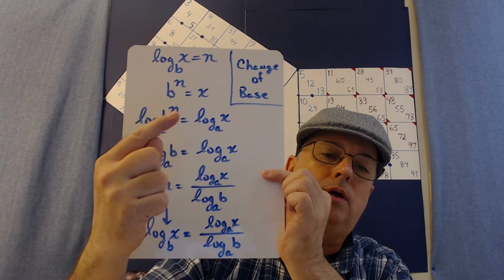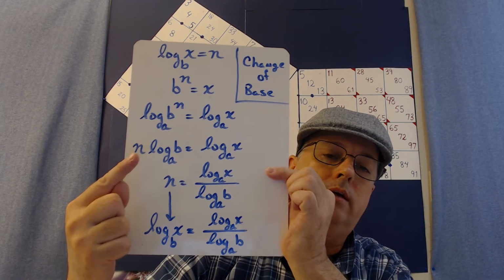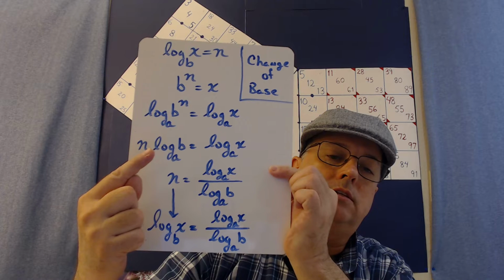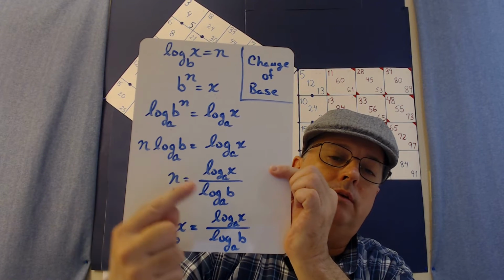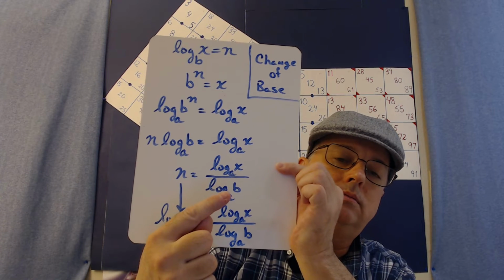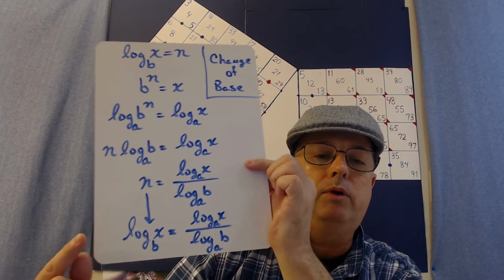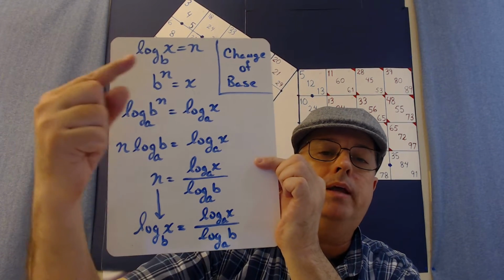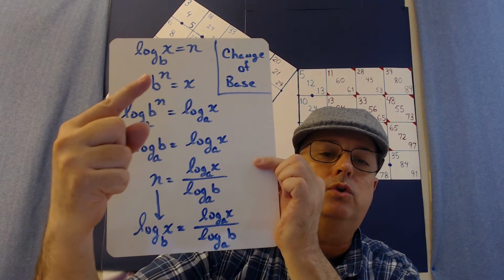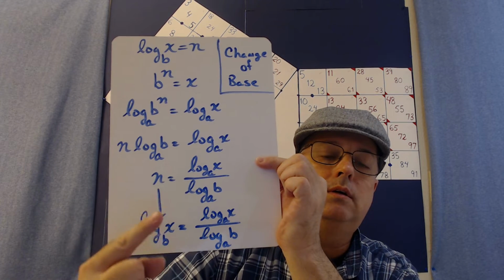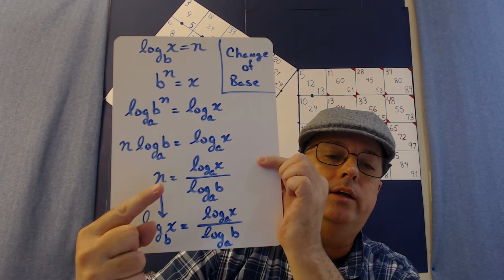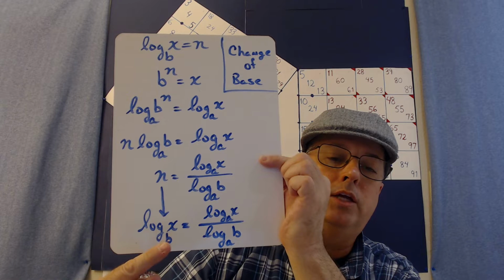That's the up top, down in front idea. And then since this is being multiplied, we can divide it to the other side. And then we remember that in the beginning we had n equals log base b of x. So instead of writing n here, we're going to write log base b of x.